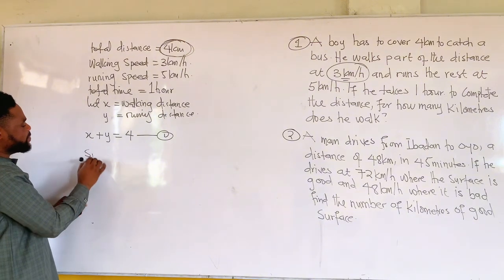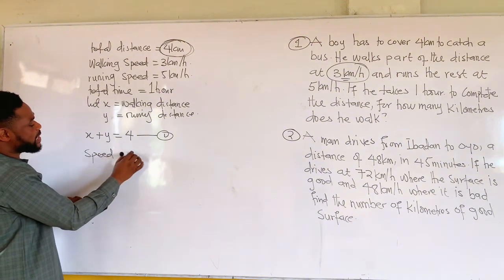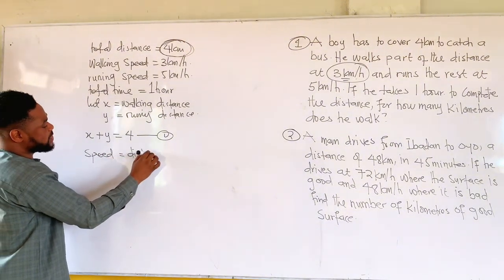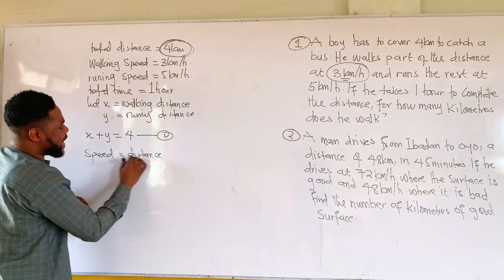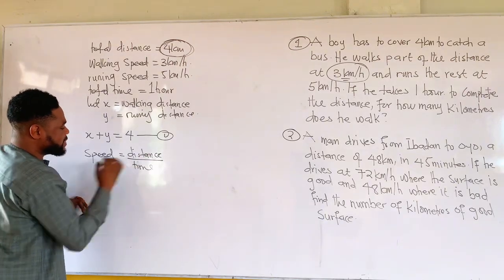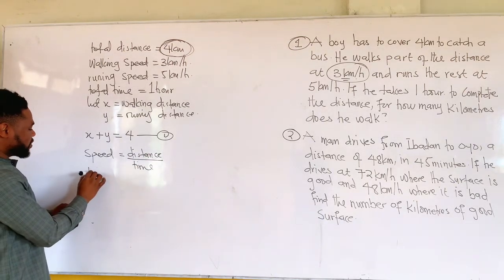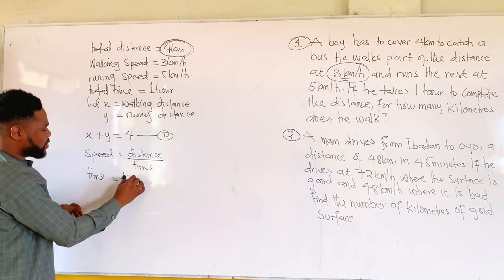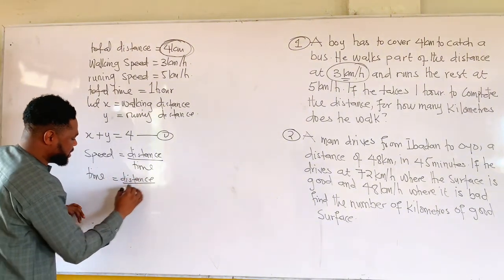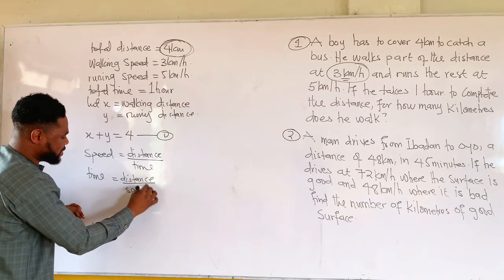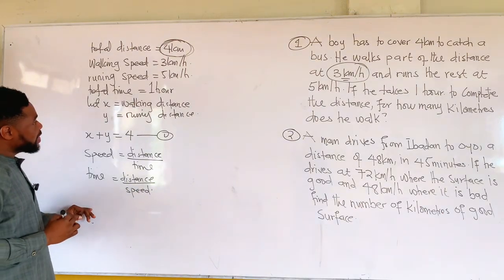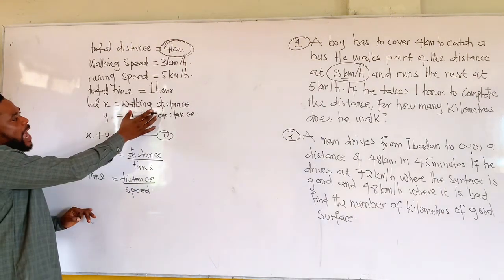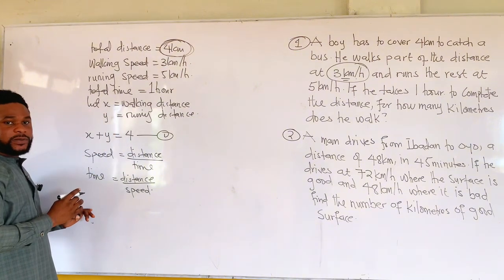Now, we know that speed mathematically is equal to distance over time, all right? Distance over time. Therefore, time will be equal to distance over speed, as we can see here. Nice. Therefore, let us find time for walking.